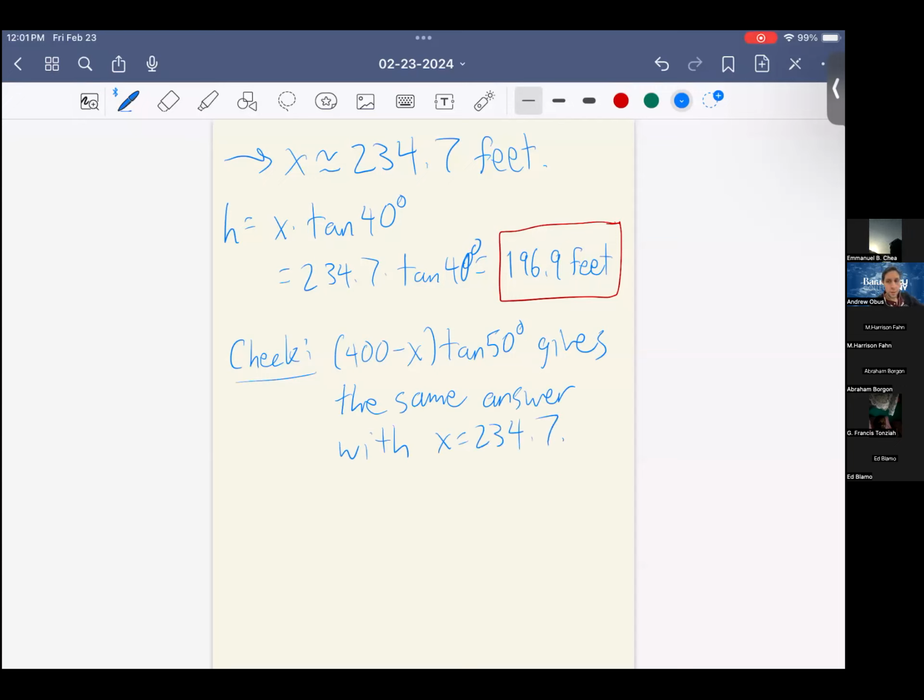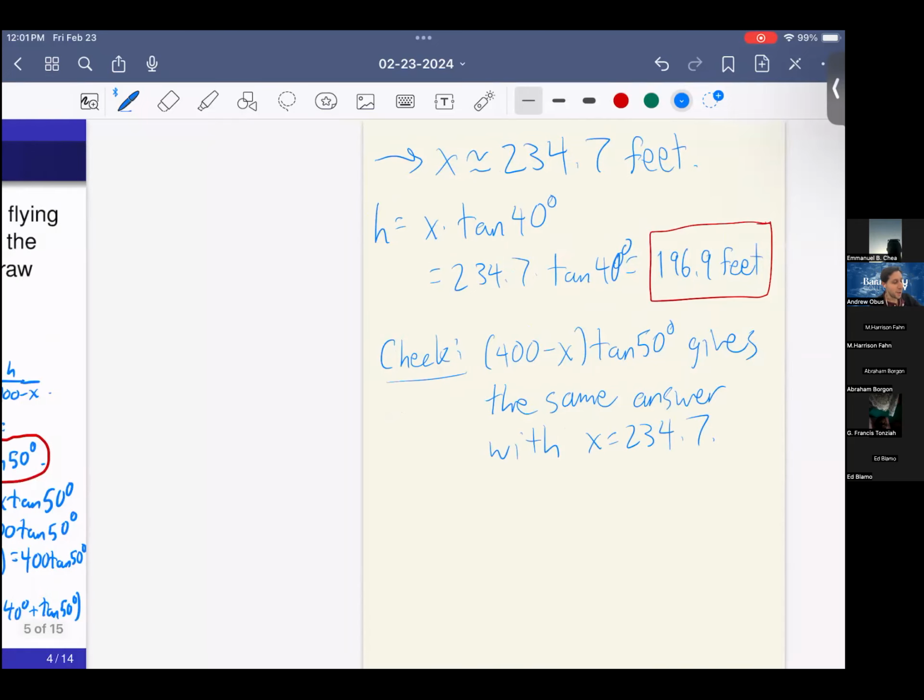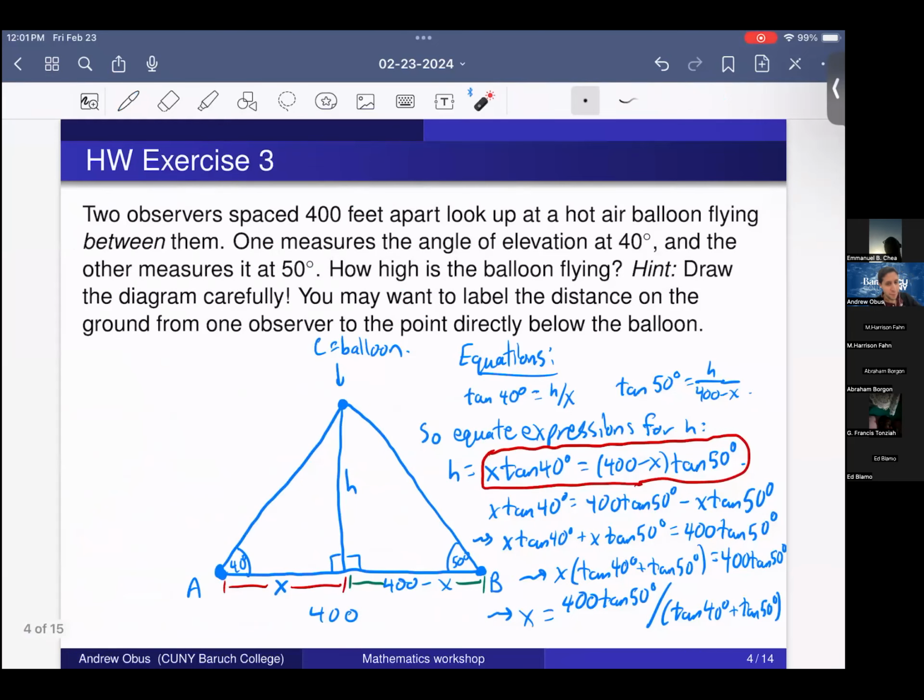You can try that in your calculator, but the point is it should give the same answer because we're solving for both of these equations together. So h is simultaneously given by x tangent of 40, and also 400 minus x times tangent of 50. So once you've solved for x, both of those equations should give you the same h.